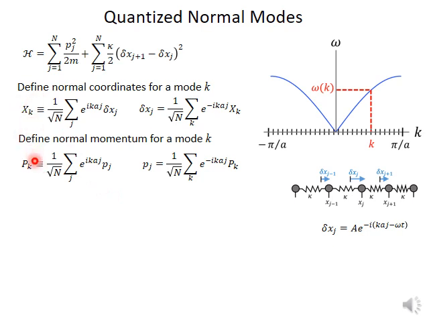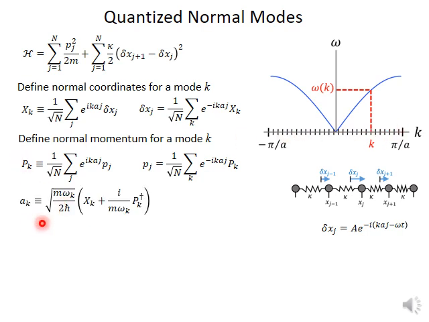So you have defined these two normal parameters, a normal coordinate and a normal momentum for the k mode, and these two dynamical variables for the k mode help us to split this problem in terms of modes, so that you can simply write this Hamiltonian as a summation over all the k modes.